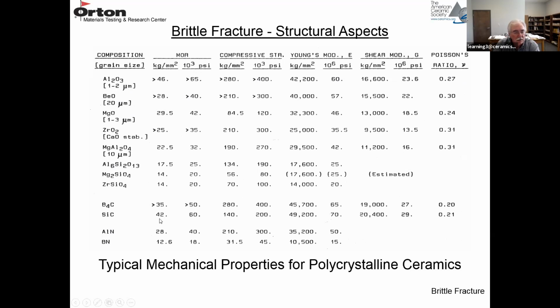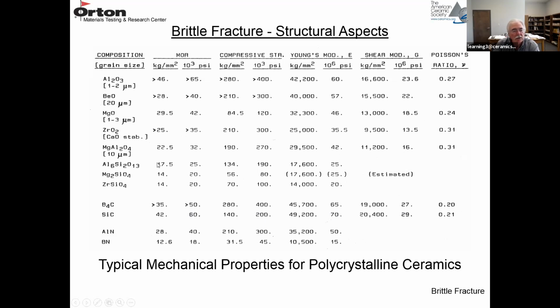Another one, silicon carbide, has a high MOR or strength, about 60,000 PSI, a high compressive strength, about 200,000 PSI, a high modulus, about 70 million PSI, 29 million for the shear modulus, and about 0.2 for Poisson's ratio.